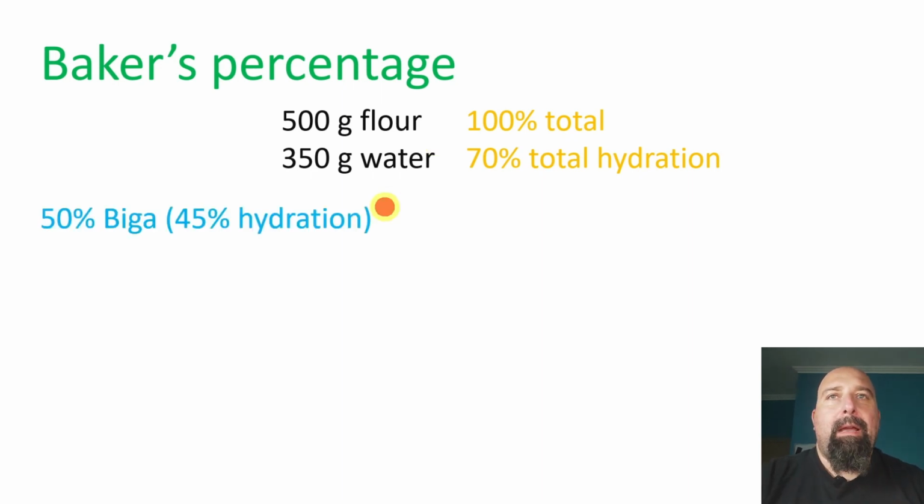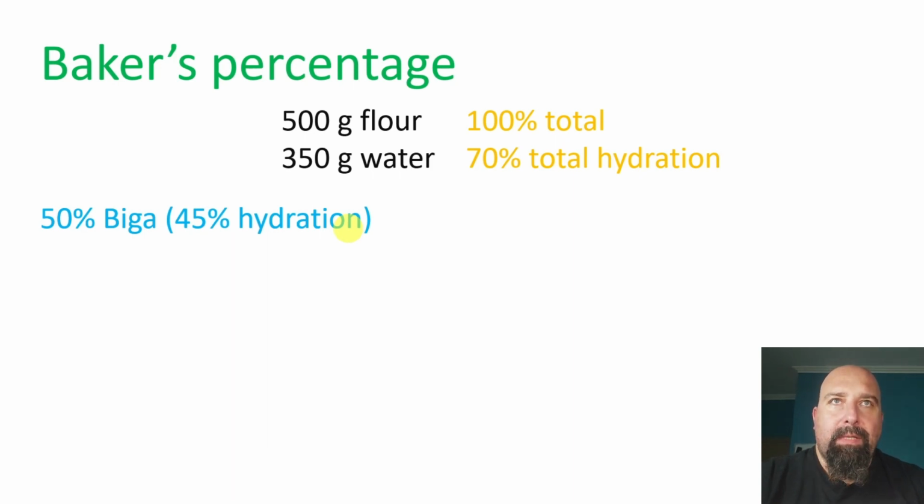Now for my biga, as you can see, I want to use 50% of biga. When I'm saying 50% biga, in reality it means that I want to use half of my total flour. And the other information that I'm passing here is that I'm using the biga with the formula of the master Giorilli, and it is 45% of hydration.